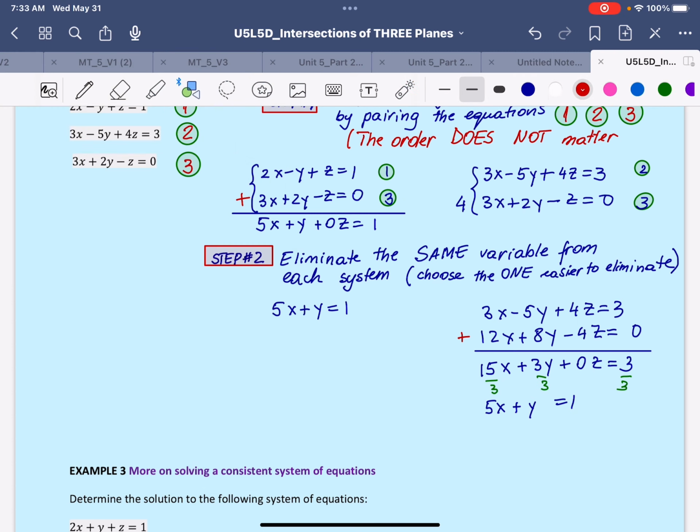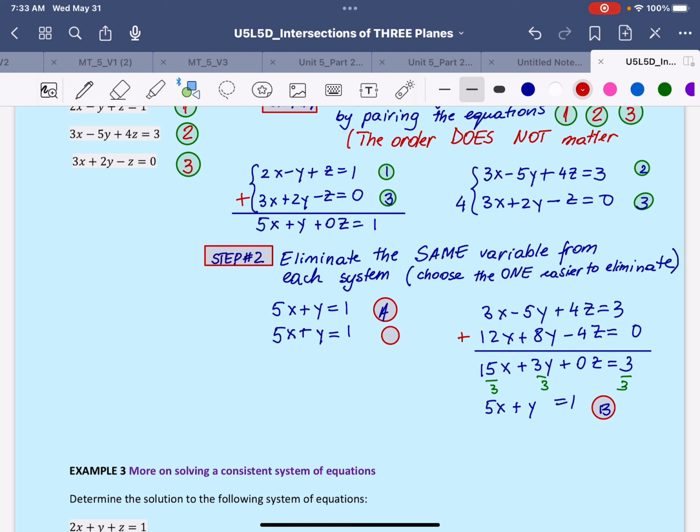So this time I'm going to call them equations A and B. As you can see here, equations A and B ended up being the exact same equation. So if we put them together, 5x plus y equals 1. So that would be our equation B.